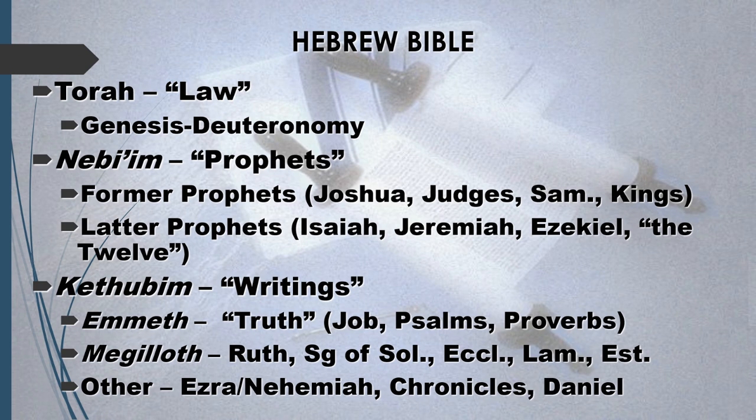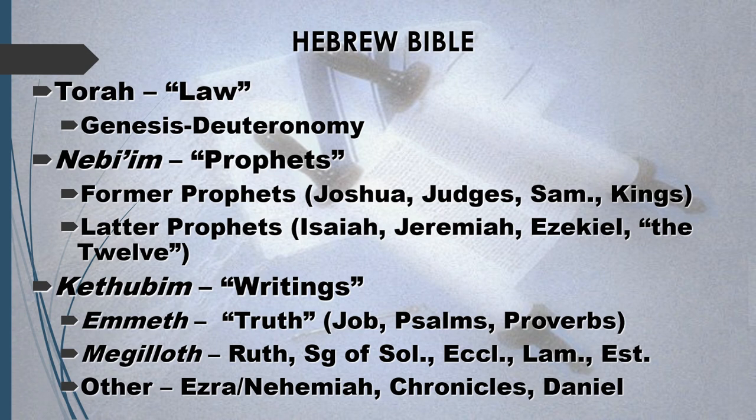Now, to compare what we've talked about so far with the English classification, you would notice that oftentimes English classifications would have something that is equivalent to the Torah, or the Law, and that's known as the Pentateuch.